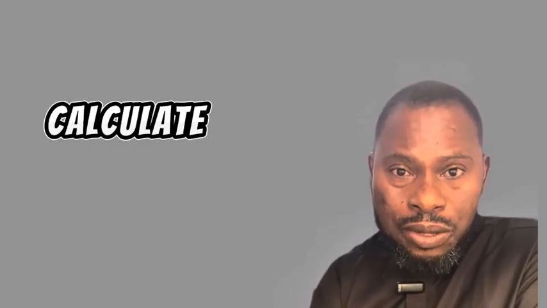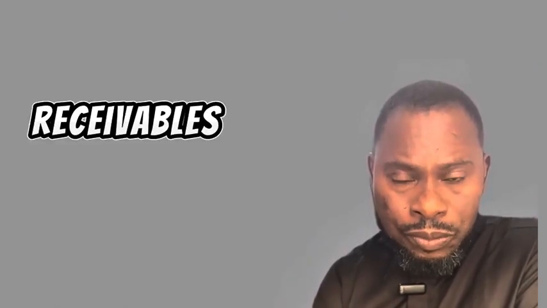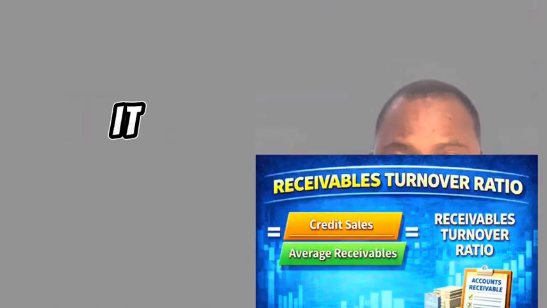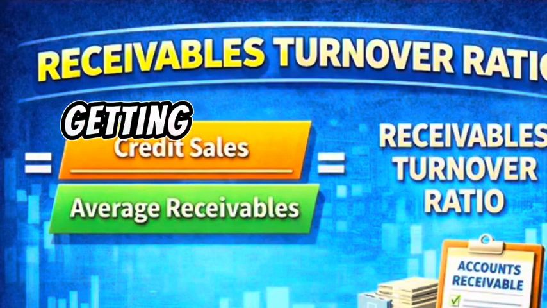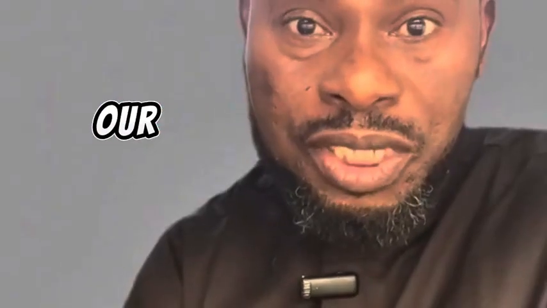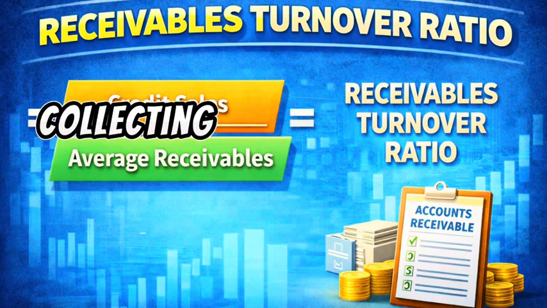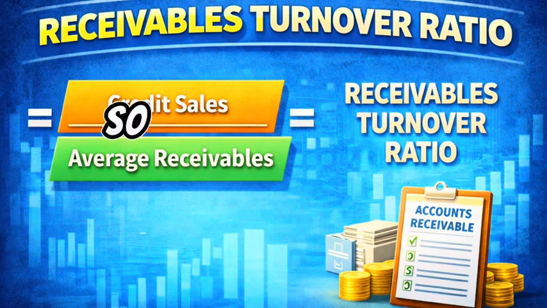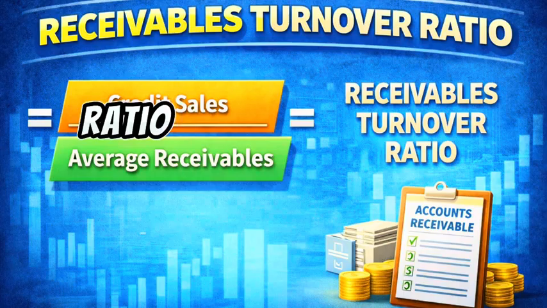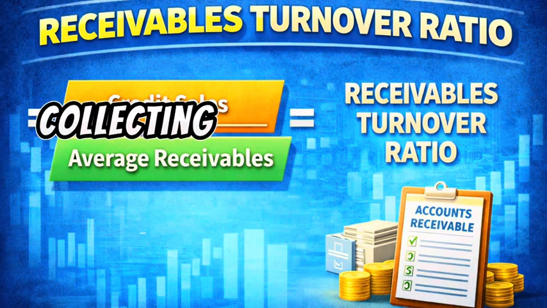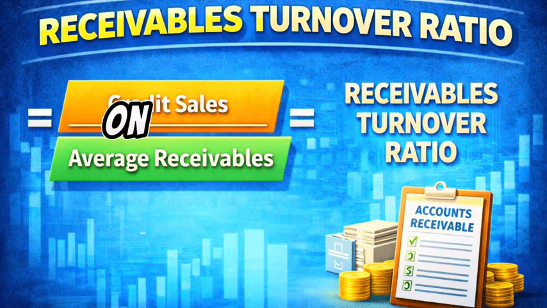Now, when we calculate receivables turnover ratio, it helps us to understand whether we are generating cash from our sales, whether we are actually collecting on time. So we also call this debtors turnover ratio. It measures how efficiently we are collecting money from our debtors, people who buy on credit.